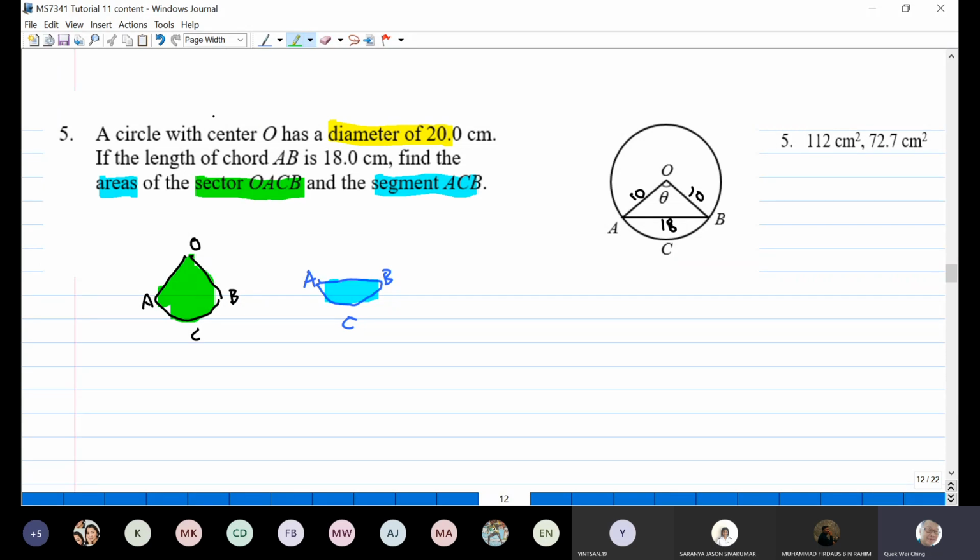All right, so a few things. Do you know what the angle theta is here? If you know, that will be very nice, but it's not given to you.